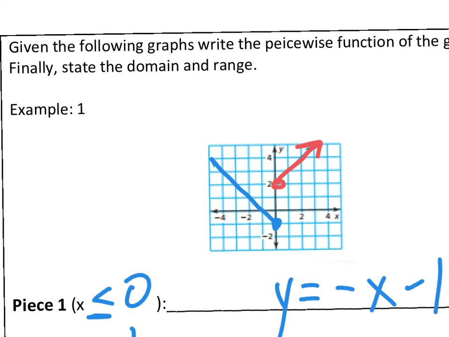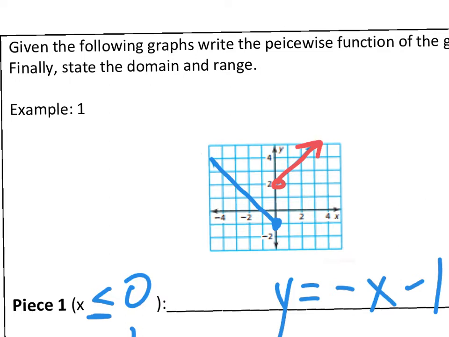If we zoom in on this one, my domain, again, is reading from left to right. So starting from the left, am I going to negative infinity? Yeah, okay. And then going to the right, are there any points on there where I'm not defined on my x-axis? I see some heads nodding and some heads shaking.